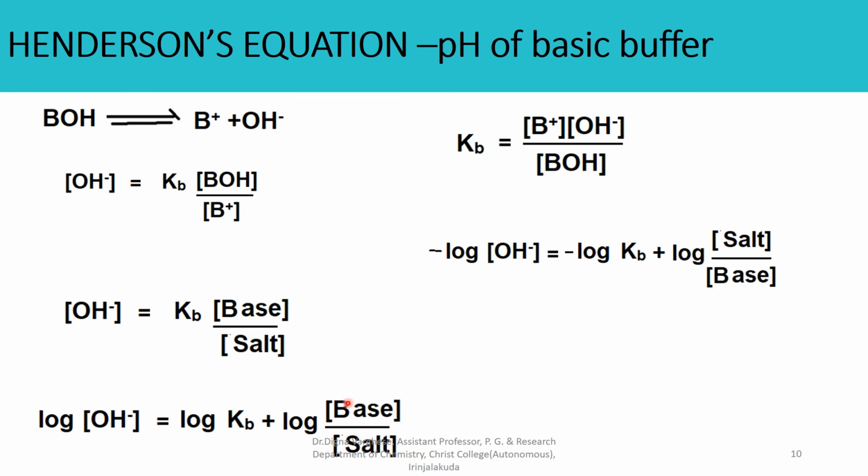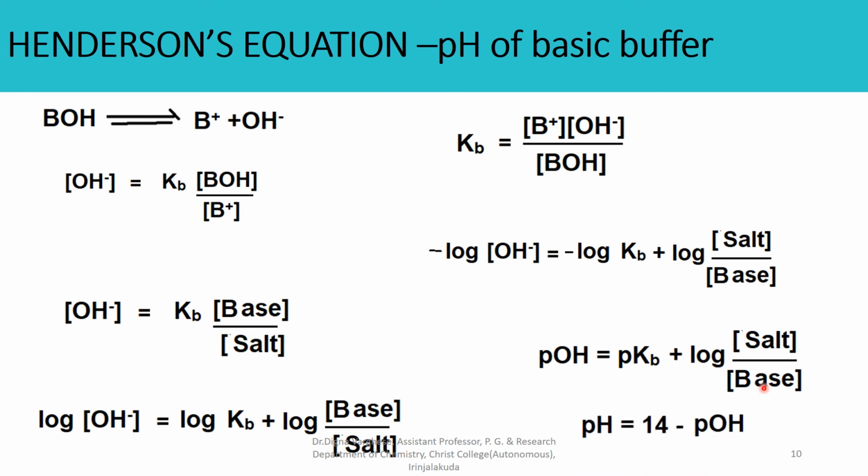Here it is base by salt, minus of minus giving salt by base. pOH is equal to pKb plus log salt by base. Therefore, we can calculate pH is equal to 14 minus pOH. By using the Henderson equation, we can calculate the pH of an acidic buffer or a basic buffer.